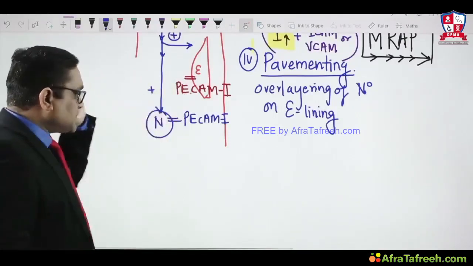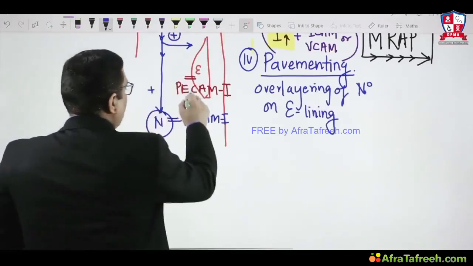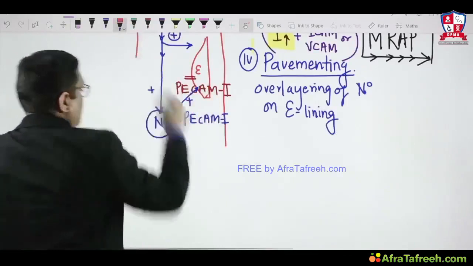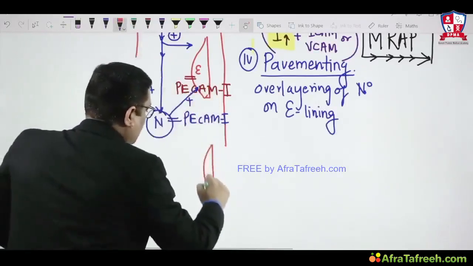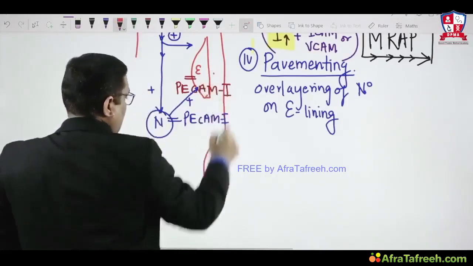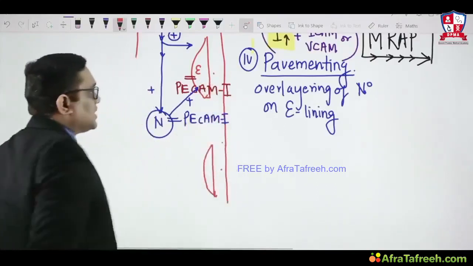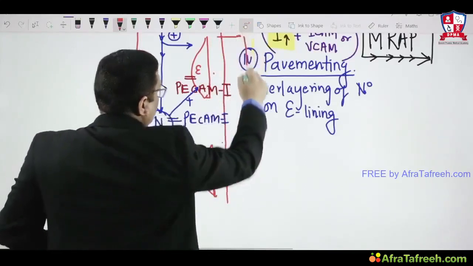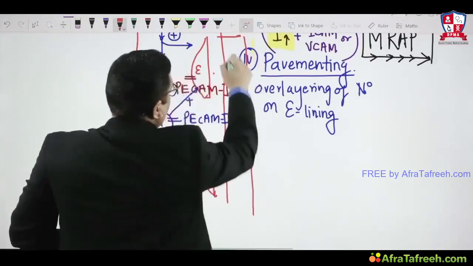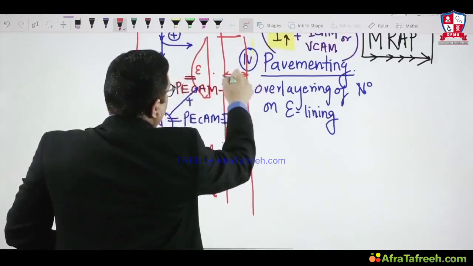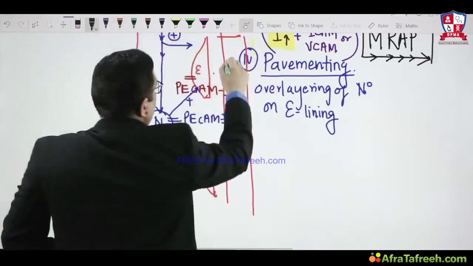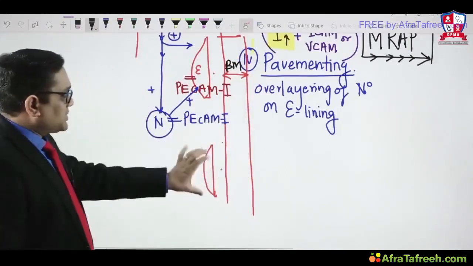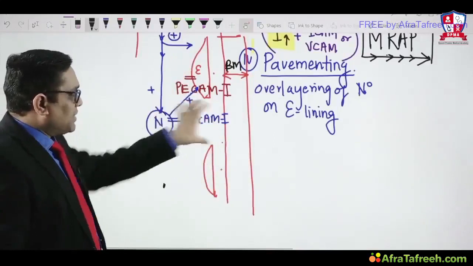So what is the role of this PECAM-1 adhesion molecule? This will help to attach neutrophil to the endothelium, and now this neutrophil will try to squeeze out between two endothelial cells. See, this is the endothelial gap, and we know that there is a basement membrane. I am making a simple diagram to show that this area is the basement membrane. So there is a basement membrane, there is an endothelium, and there is a gap between the endothelium.